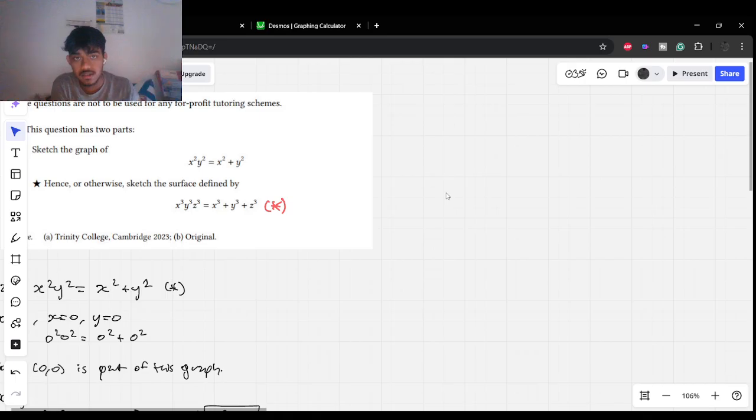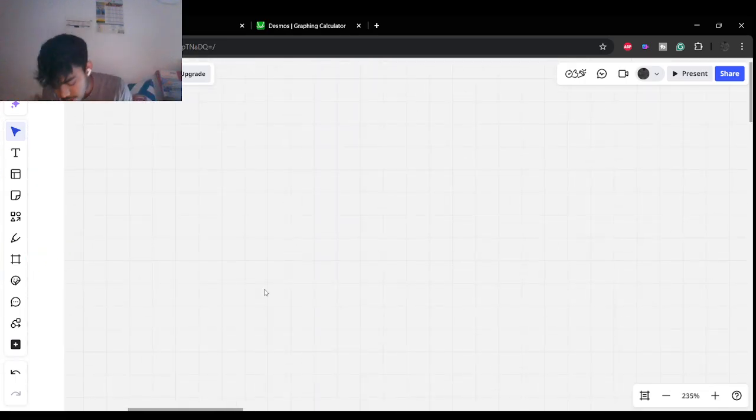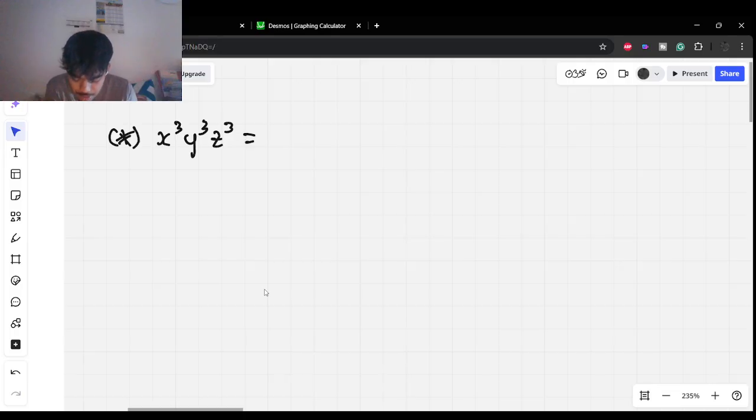Okay, so I'm going to rewrite the expression. What was it again? x cubed y cubed z cubed is equal to x cubed plus y cubed plus z cubed. Okay, cool.